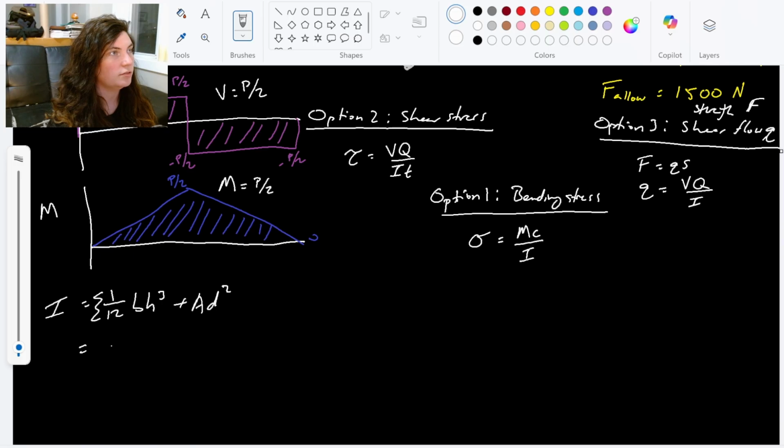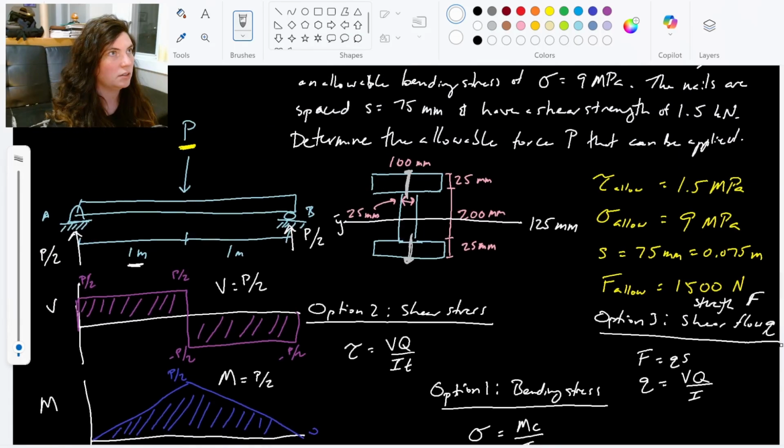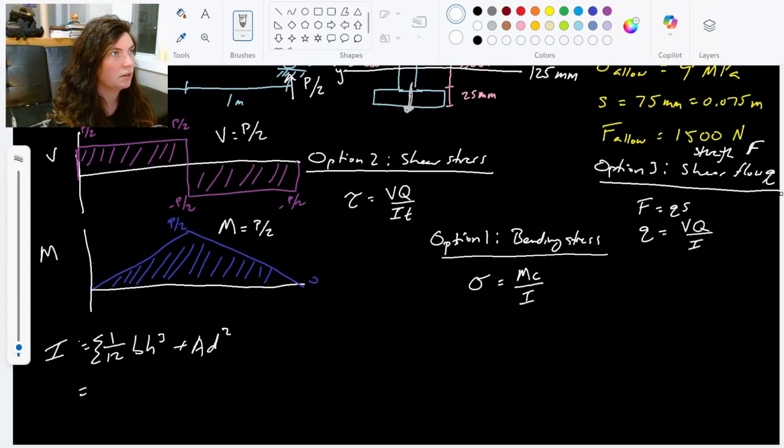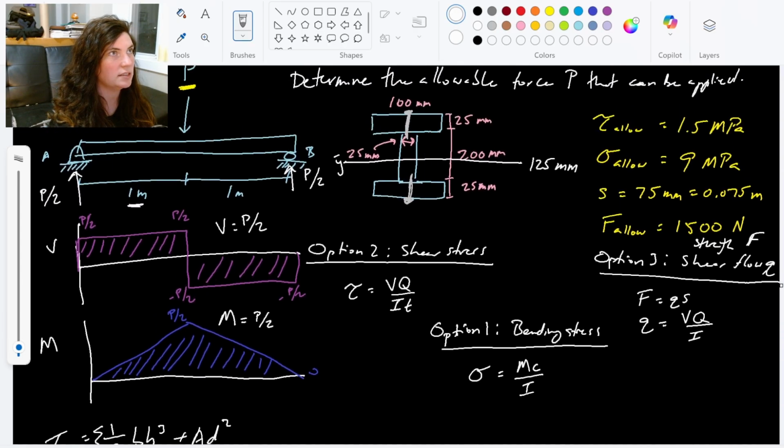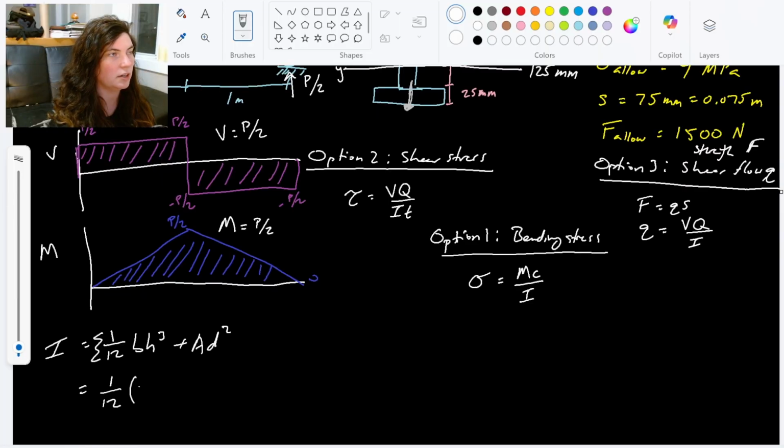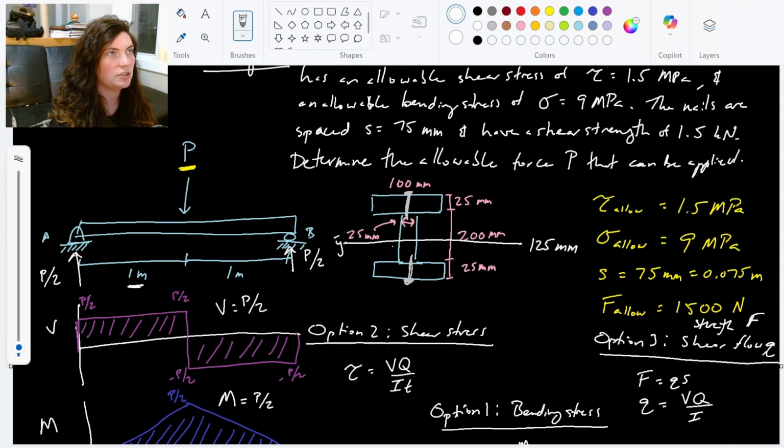So let's do our top board. 1/12 times the base is 100 millimeters, height is 25. So base of 100 times 25 cubed, plus the area of that board, 100 times 25, and then the distance from the center of my rectangle to the center of my overall shape.